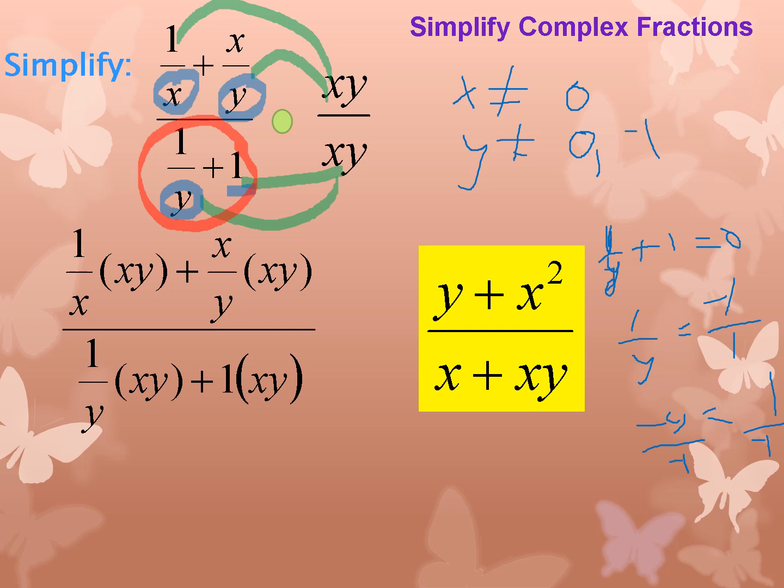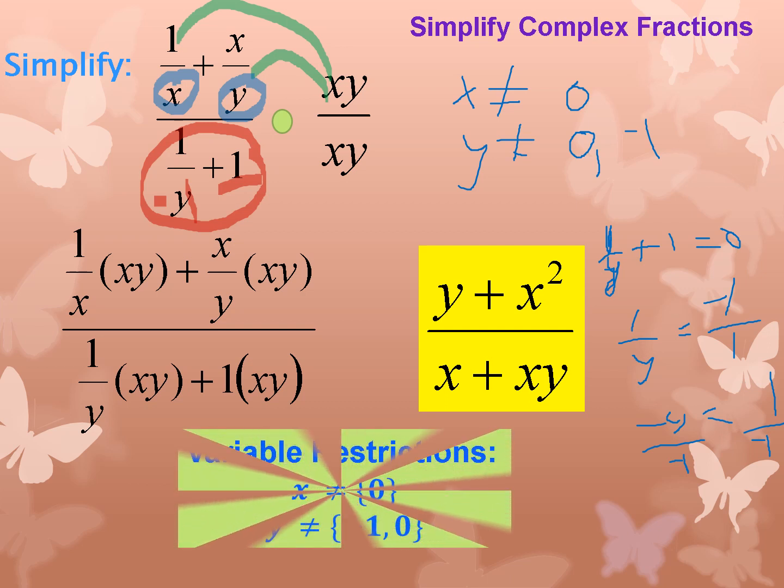Let's look and see what happens if we let this y equal negative 1. 1 over negative 1 is negative 1. Negative 1 plus this 1 would make this whole thing go to 0, and that would give me a 0 in the overall denominator. So that's why y can't equal negative 1.